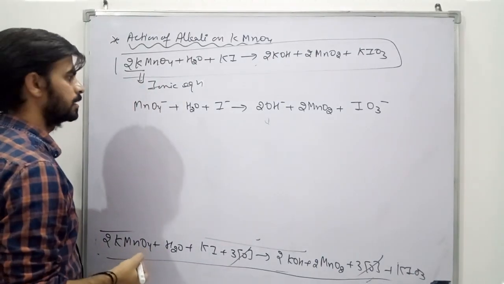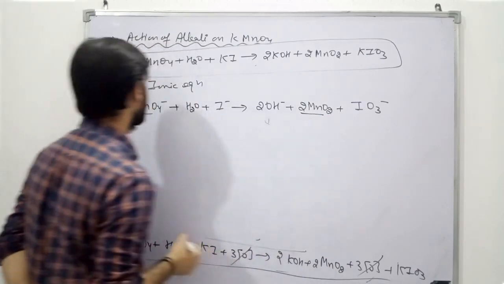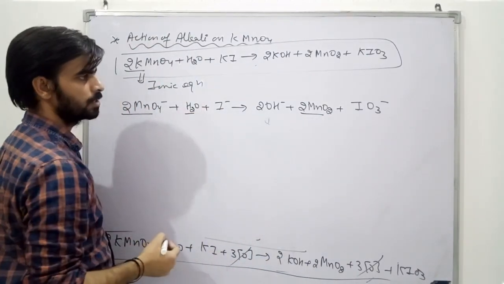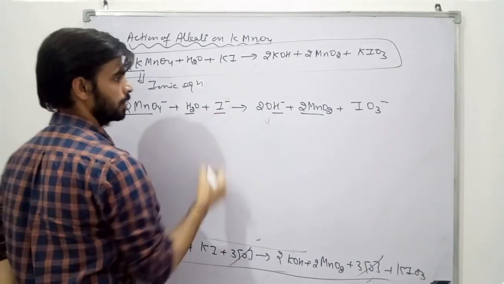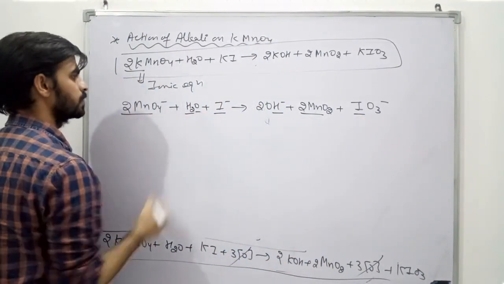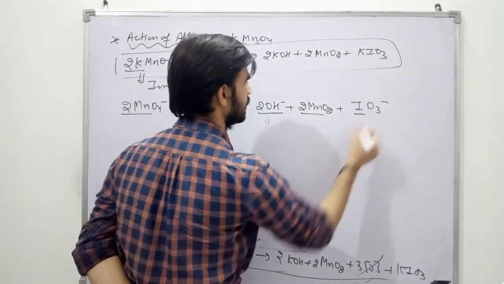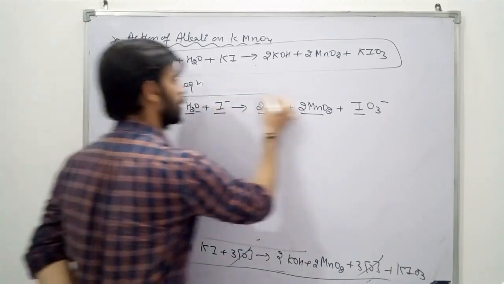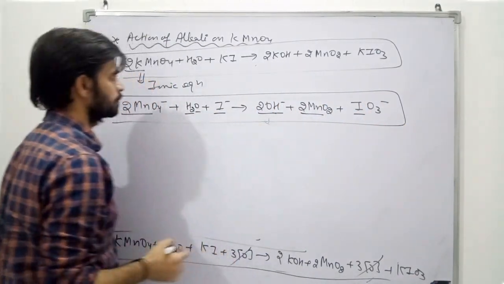Now check whether it is balanced or not. 2 manganese, 2 H, single iodine. Now oxygen: 4 plus 4 is 8 plus 1 is 9, and 2, 4, 6, 7, 8, 9. So here you have the final balanced ionic equation.